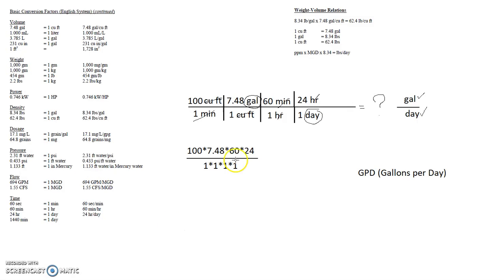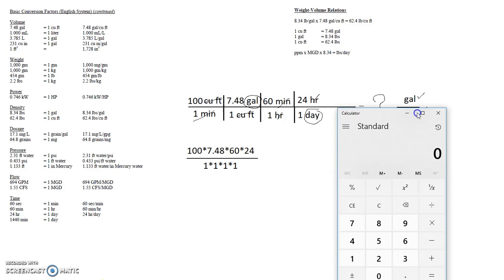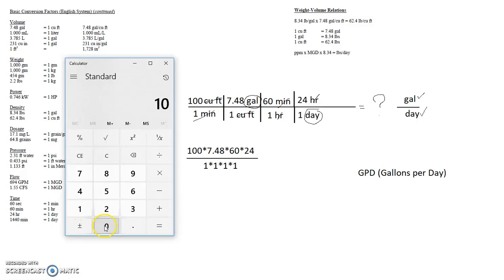But ultimately, that's going to yield 100 times 7.48, which I already know what that is, times 60, multiply again by 24. It's going to be just over 1 million gallons per day. And I could round that as appropriate.